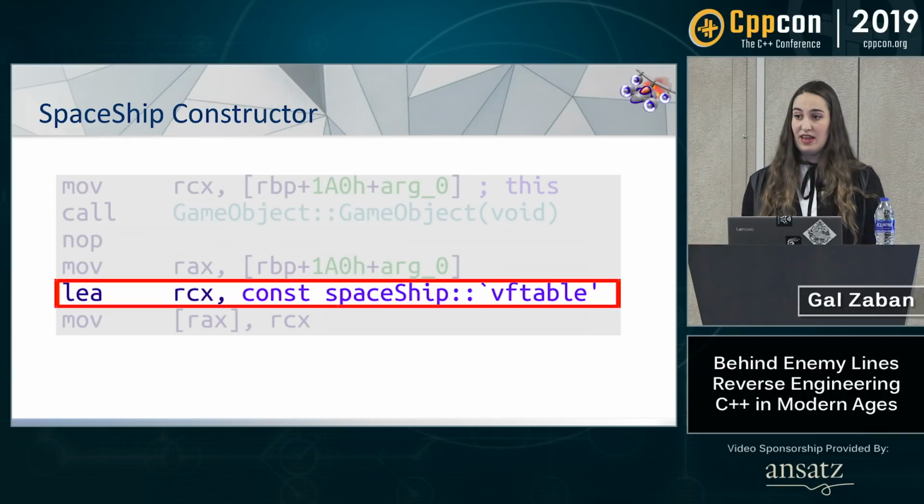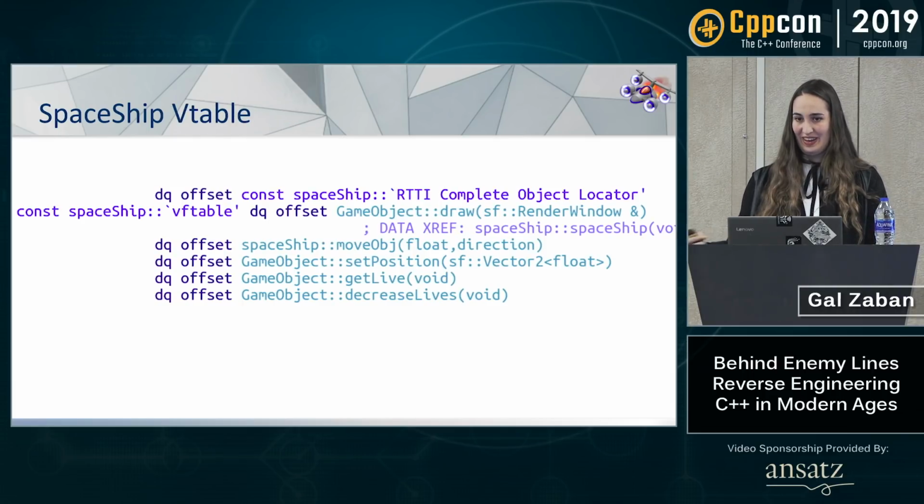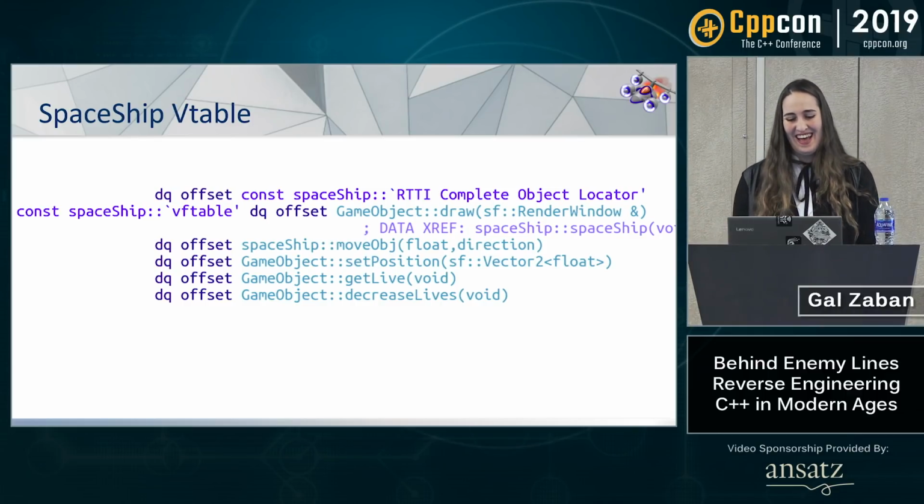RCX, as I said, is usually the pointer to the object. We would like to understand why there was a call to game object. Some of you might already guess, but we are going to see it more in depth next.